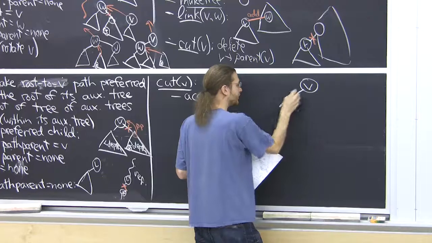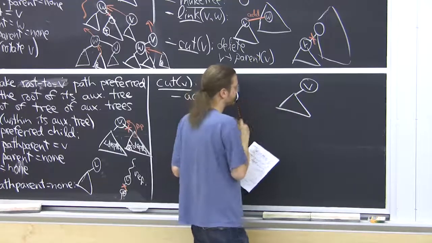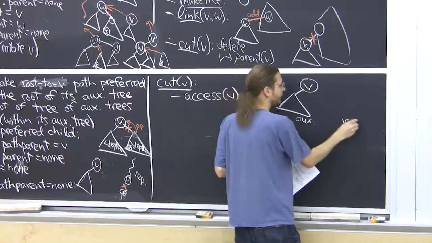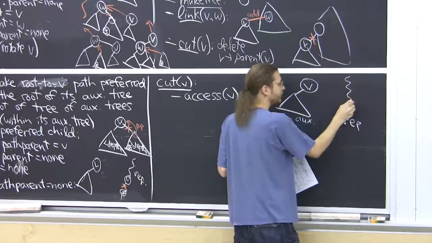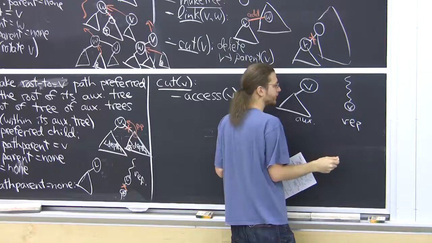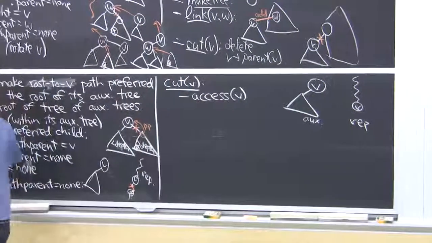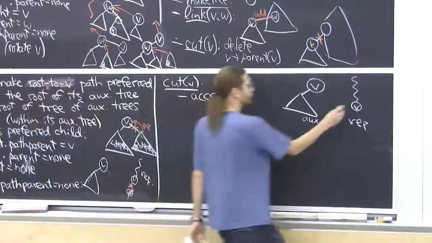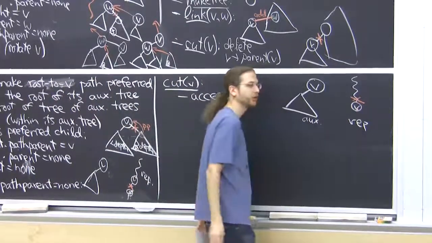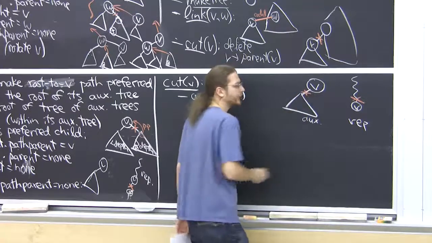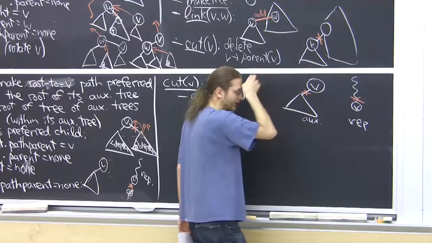So we have v, we have this stuff. What this corresponds to, this is the ox tree in the represented tree. This is a path from the root to v. And our goal in the cut operation is to separate v from its parent in the represented tree. So we want to remove this edge above v. That basically corresponds to this edge, the connection from v to all the things less deep than it.